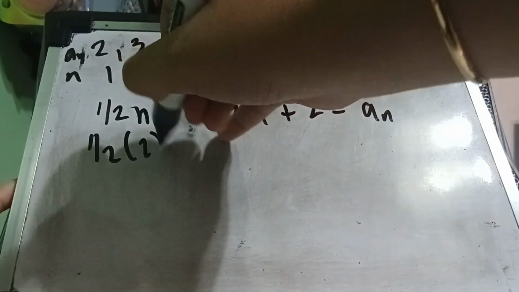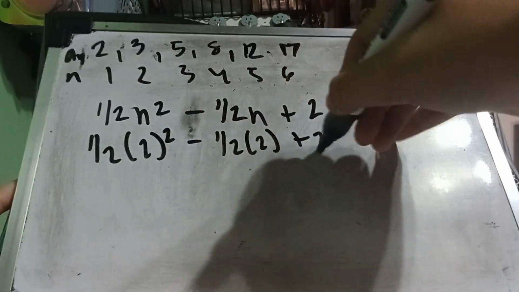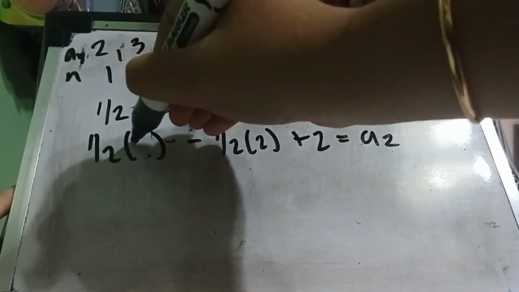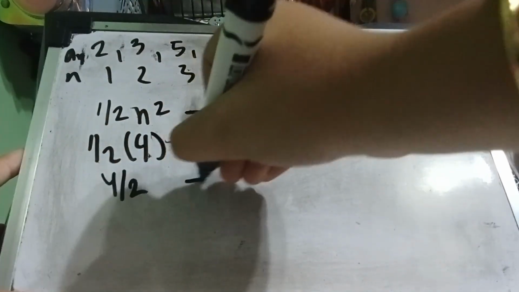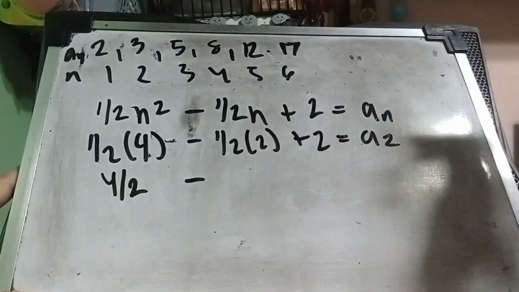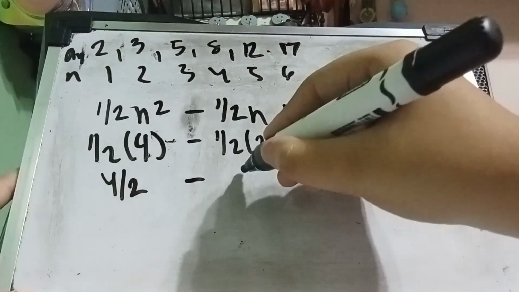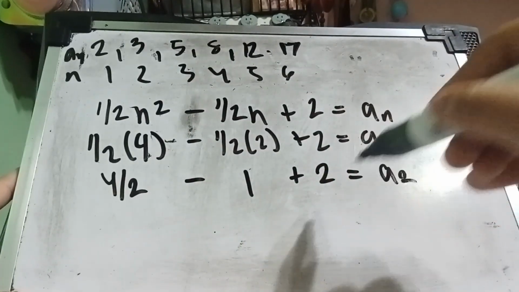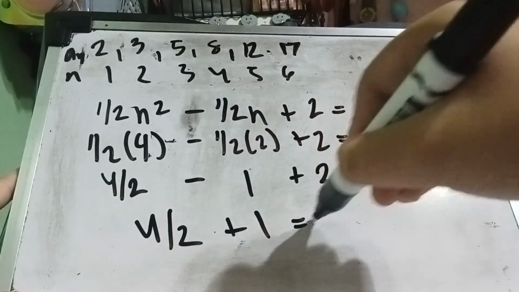So, 1 half times 2 squared minus 1 half times 2 plus 2 is equal to a sub 2. 4 times 1 half is 4 over 2, minus 1 half times 2 is 2 over 2, which is 1 na lang rin yan, plus 2 is equal to a sub 2. So, 4 over 2 minus 1 plus 2 is equal to a sub 2.